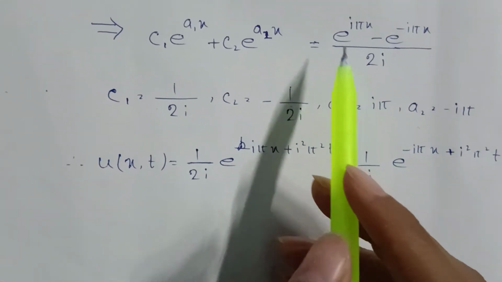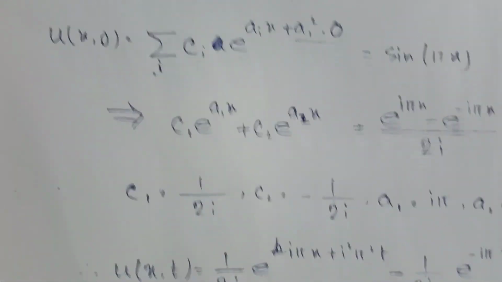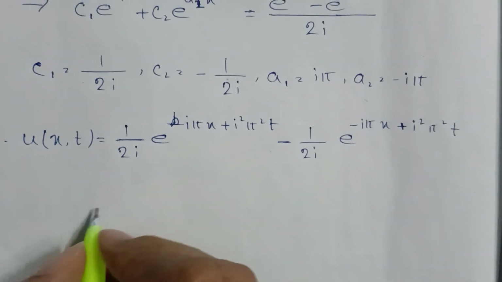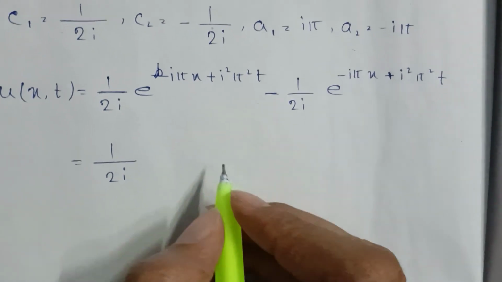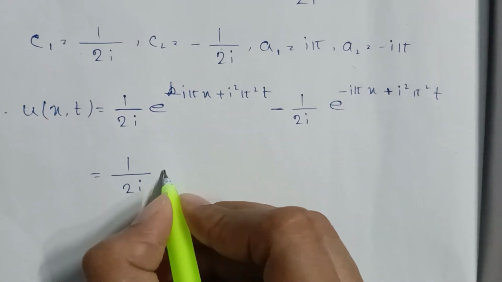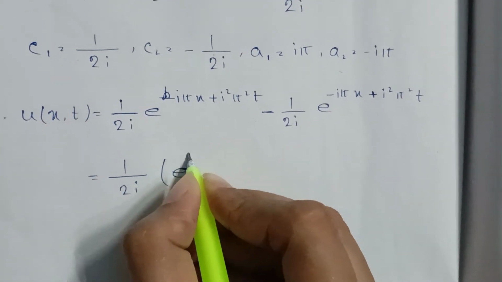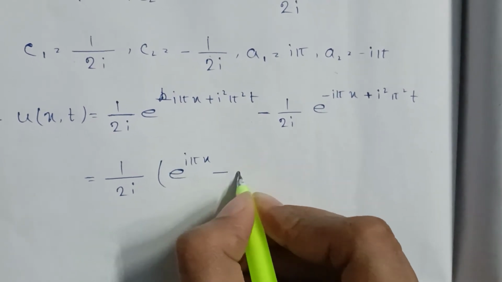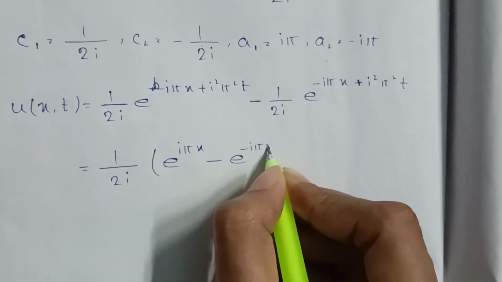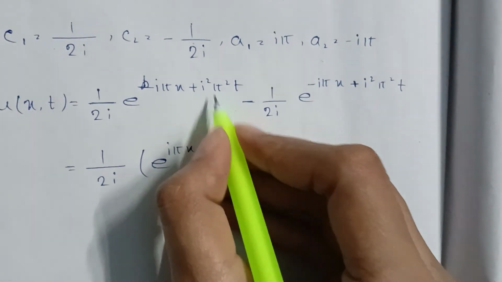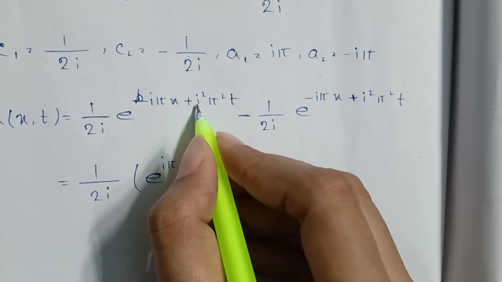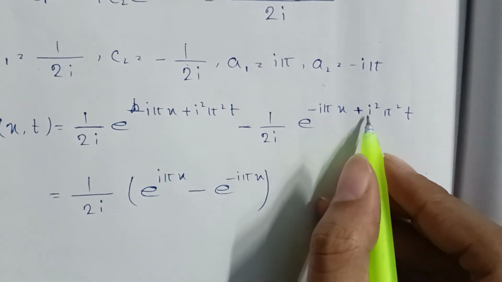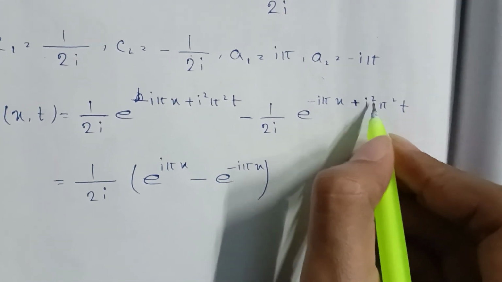Putting all these values in this relation, right? So this becomes, we take 1 over 2i in common, so this becomes e to the power i pi x minus e to the power minus i pi x. Now we take another thing in common, which is e to the power minus pi squared t, since i squared is equal to minus 1, and same for minus i squared.